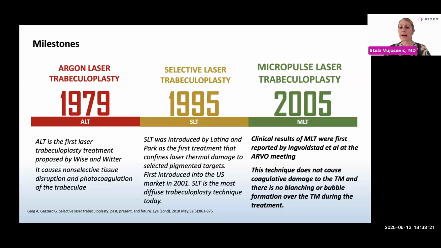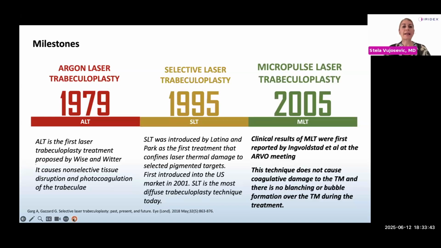In 2005, the micropulse laser trabeculoplasty was reported at one of the first meetings of the ARVO, and this technique does not cause coagulative damage to the trabecular meshwork, and there is no blanching or bubble formation over the TM during the treatment.